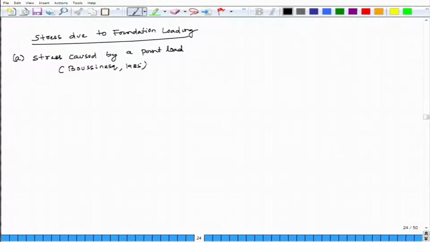So, if I draw a 3-dimensional figure here, this is your z direction, this is your x direction and this part is your y direction.